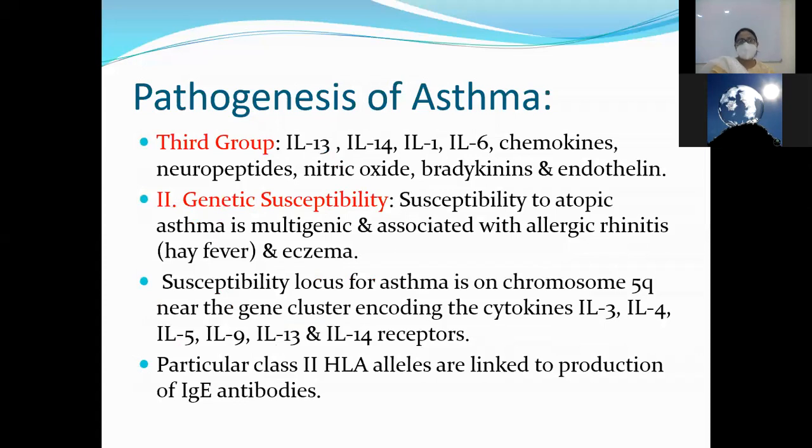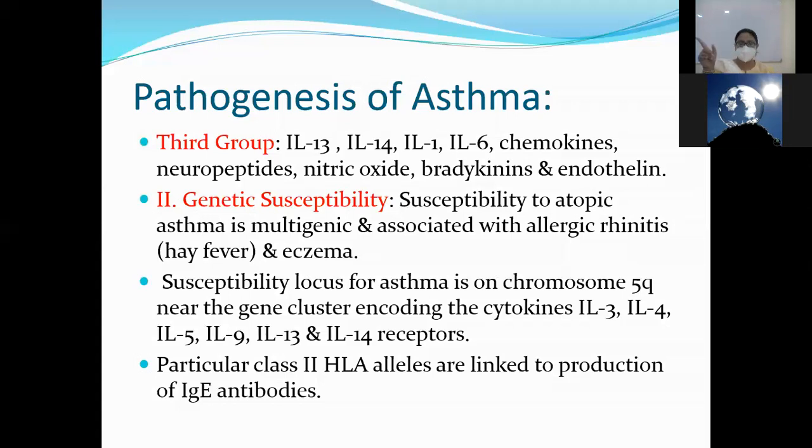Clear? So, till now, if anyone asks about the pathogenesis of asthma, you must know that there are roles of immunological response, genetic response, and environmental response. In the immunological response, the main players are type 2 helper T cells and interleukins 4, 5, and 13.